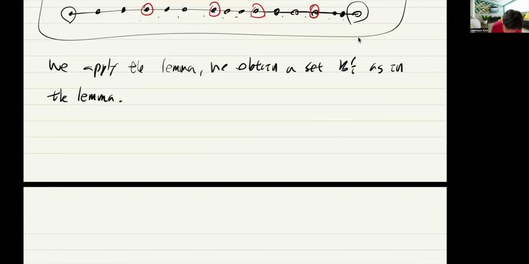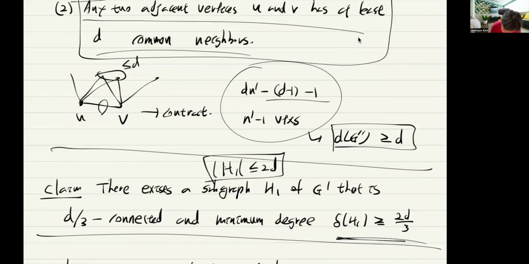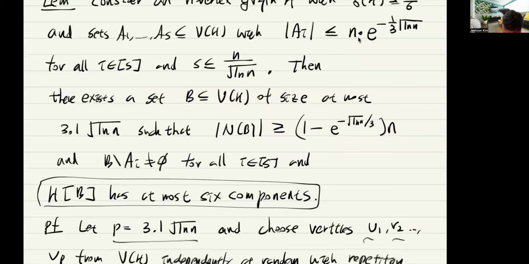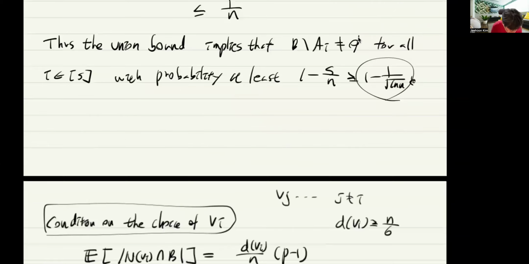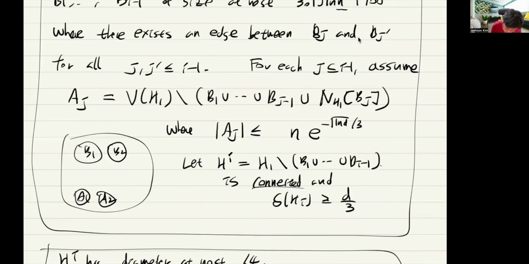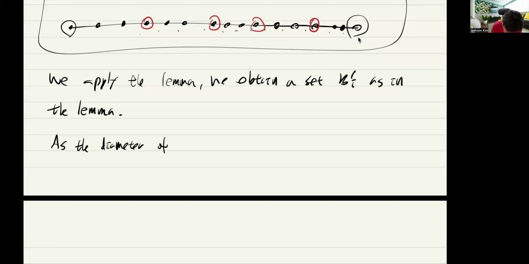Then this is good in a sense that it satisfies all other properties, but it's not giving us a connected subgraph with more 6 components. But because we know that it has a small diameter, this H_i, the diameter of this H_i is at most 14, and this B_i prime has at most 6 components.